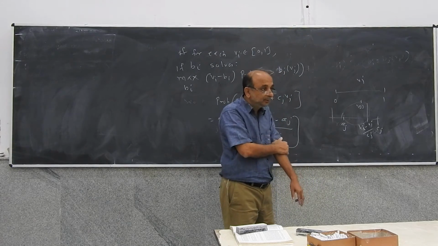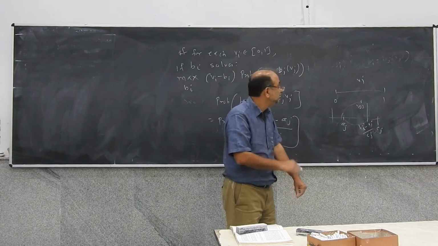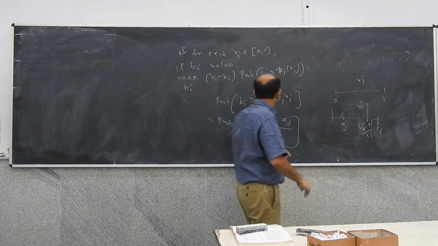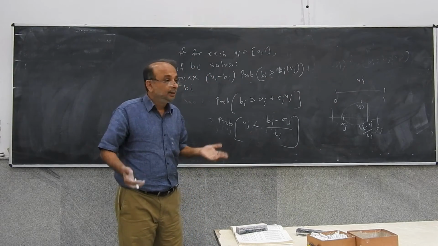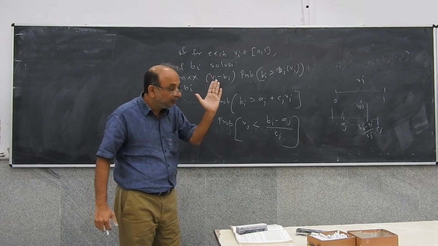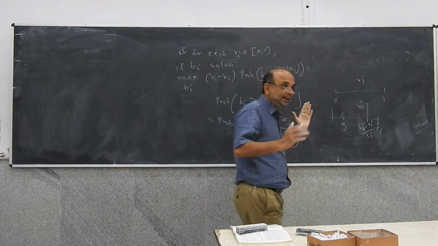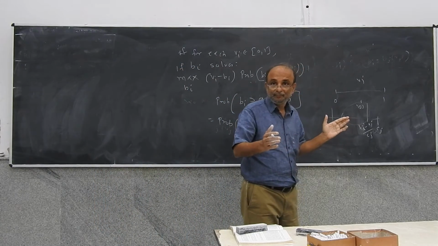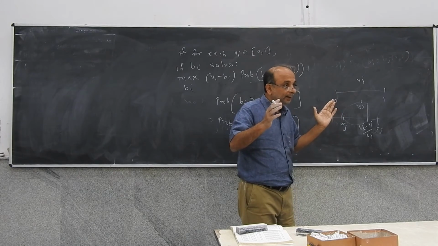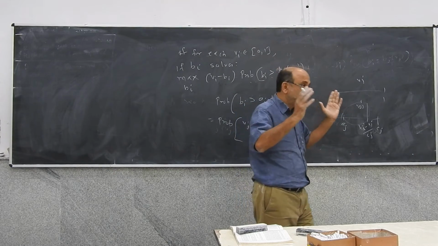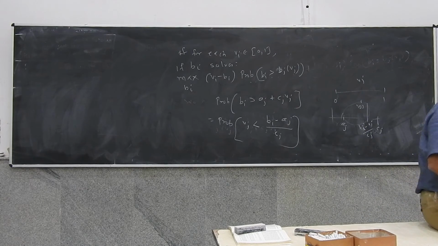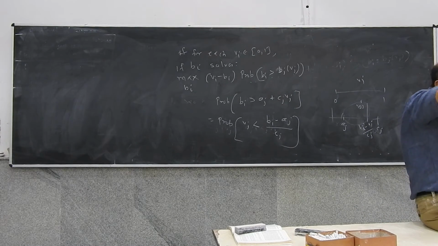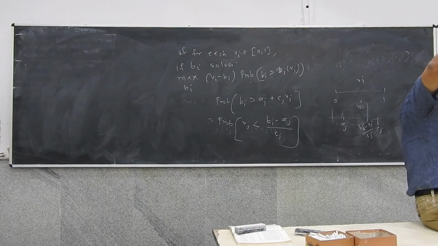Now for the uniform distribution, we have an important property. This probability is nothing but Bi minus Aj upon Cj. The probability that a uniformly distributed random variable takes a value less than x is x, because you're measuring the area under the curve from 0 up to that point.